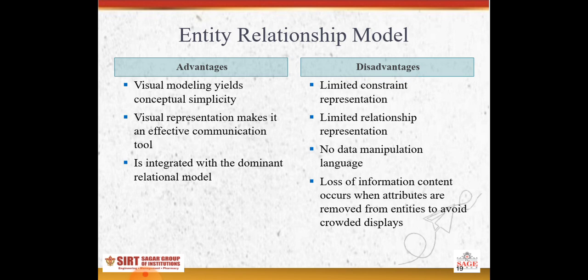These are the advantages and disadvantages of the ER diagram. Advantages: visual modeling yields conceptual simplicity. Visual representation makes an effective communication tool, and it is integrated with the dominant relational model.